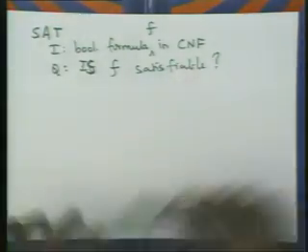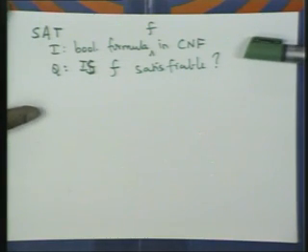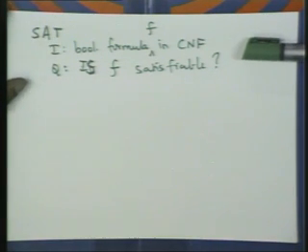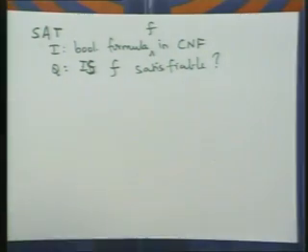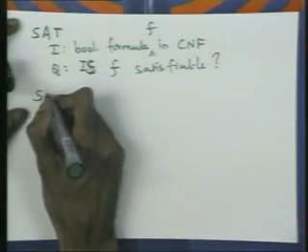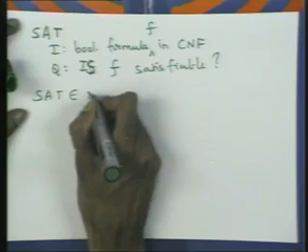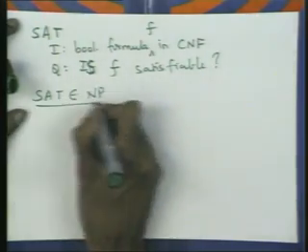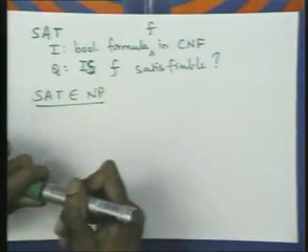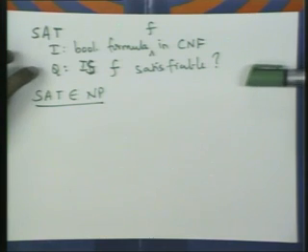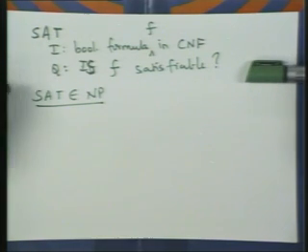Okay, so now let's observe that SAT is in NP. Why is this? Well, it is a decision problem, and suppose the answer is yes, so we have to only focus on yes inputs.